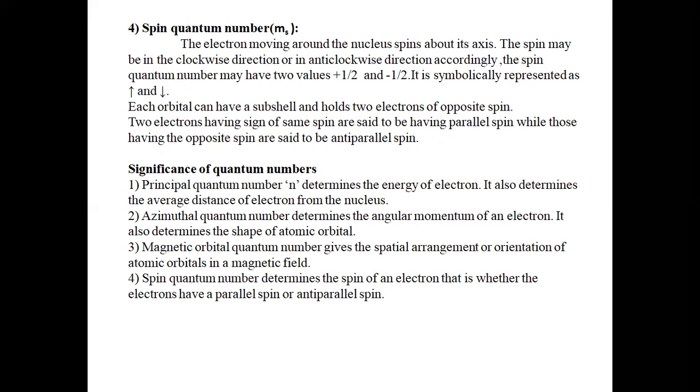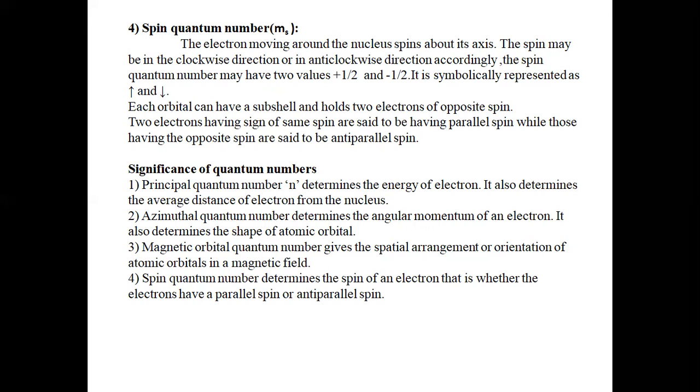That is, the electron will be moving around the nucleus but with a spin. And that spin of the electron may be in the anti-clockwise direction or in the clockwise direction. The spin quantum number may have two values, that is plus half and minus half. We know that there are two types of spins, clockwise spin and anti-clockwise spin.